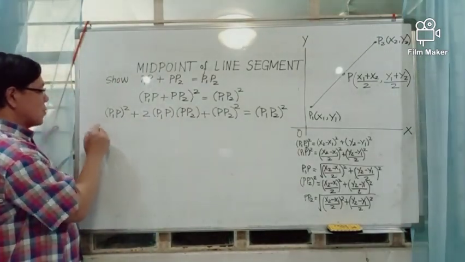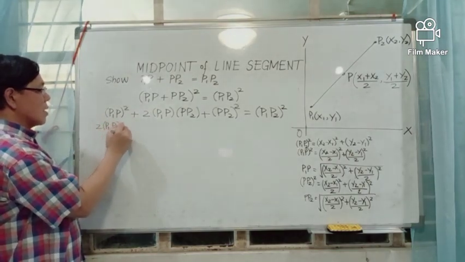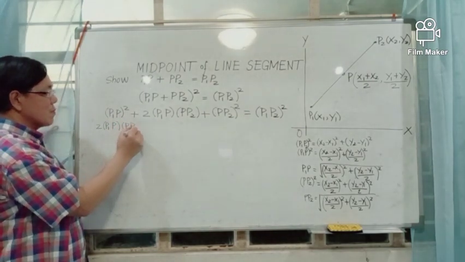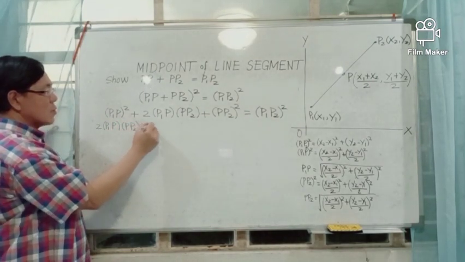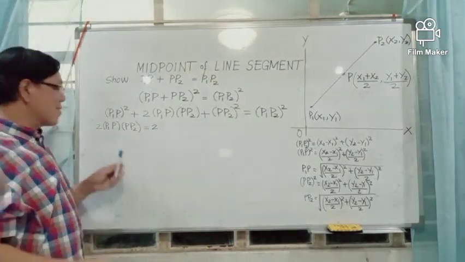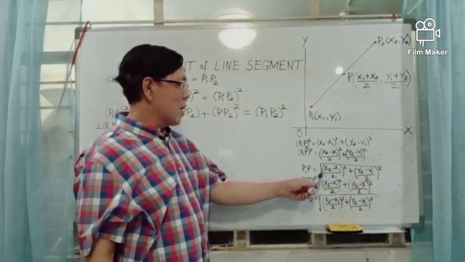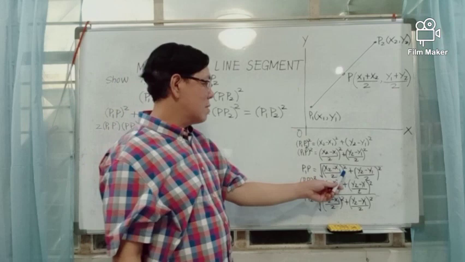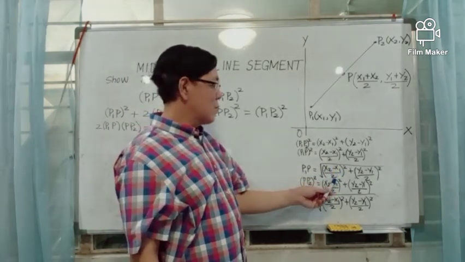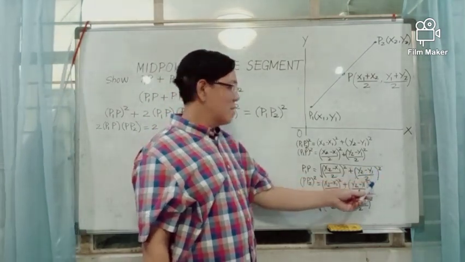The product of 2, the distance between P1 and P, times the distance between P and P2, equals the distance between P1 and P, which is given by the square root of the square of x2 minus x1 all over 2 plus the square of y2 minus y1 all over 2.